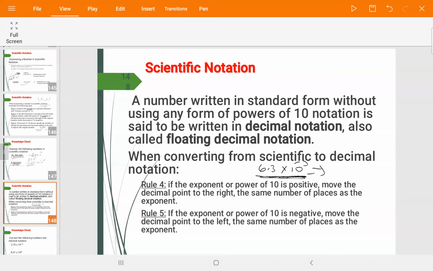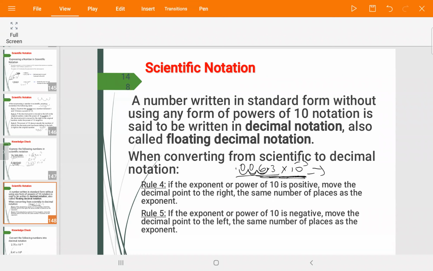Here, because it is minus 3, you have to move the decimal point to the left, 3 points, or 3 zeros. For example, 3 places: 1, 2, here there is a 0, 3, here there is a 0, and here the point, 3.